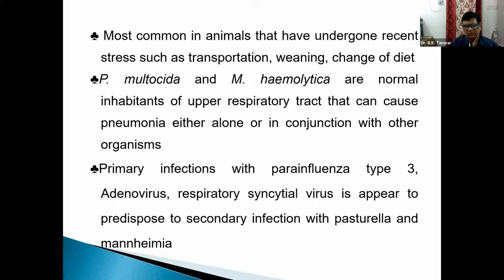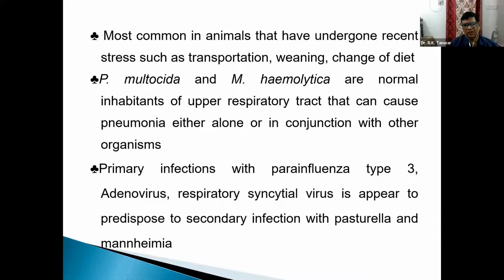I think there is a mixed infection, and all these parainfluenza and respiratory viruses are responsible for pneumonia in animals. So there are two types. CCPP is common, but in CCPP also they can occur, because Pasteurella multocida and Mannheimia haemolytica are present normally in animals.